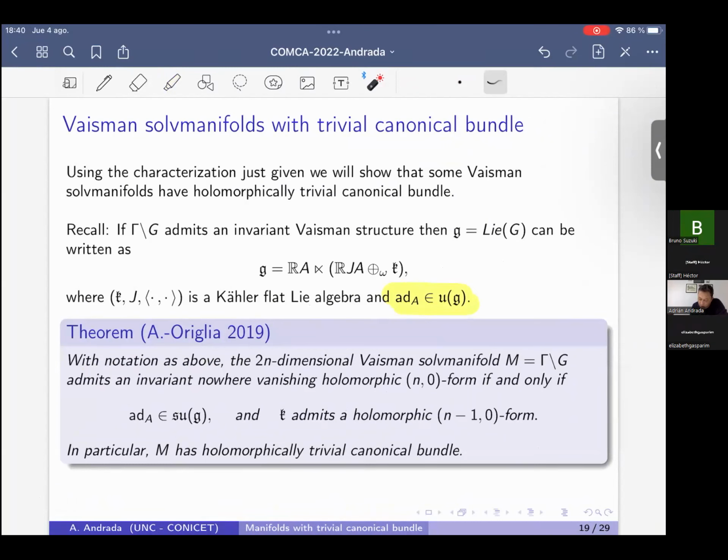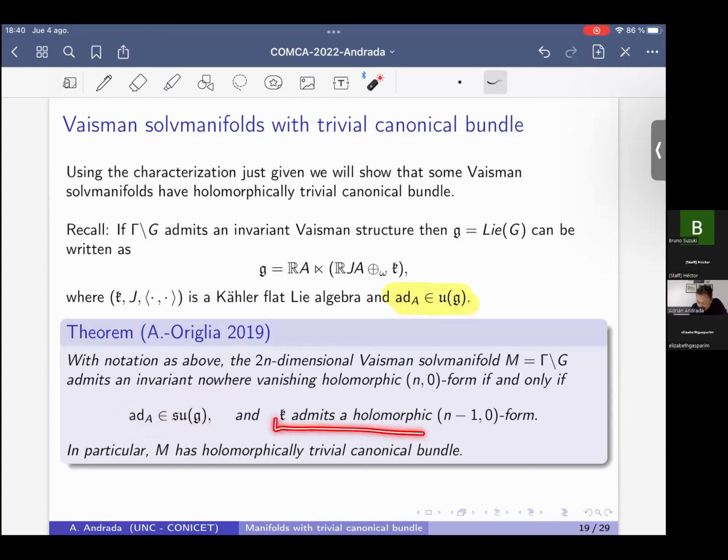And we were able to prove that a solvmanifold with an invariant Vaisman structure admits an invariant, nowhere vanishing, holomorphic (n,0)-form if and only if this operator ad A, which lives in u(g), lives now in su(g), that is, has zero complex trace.